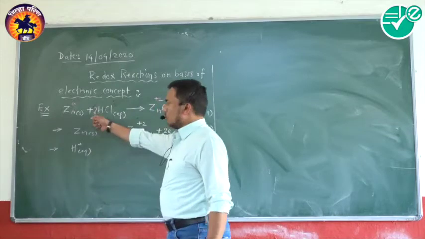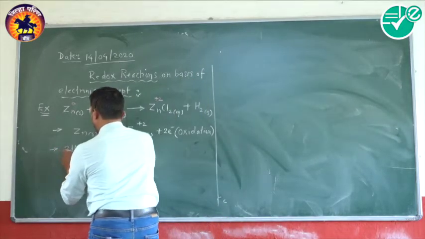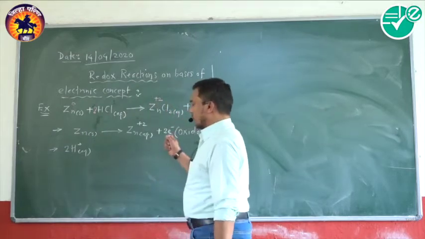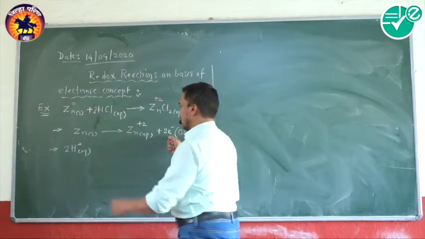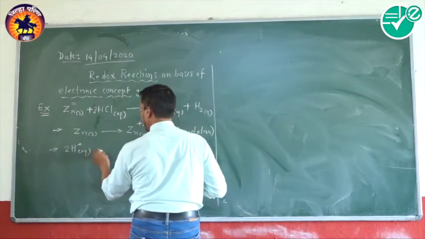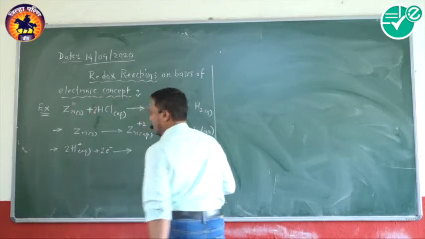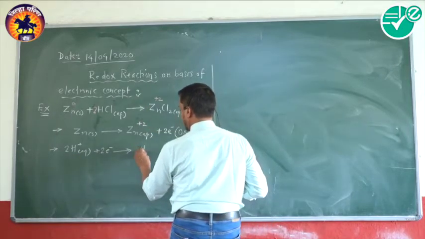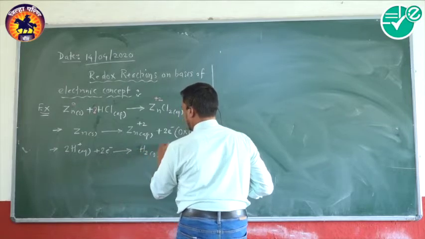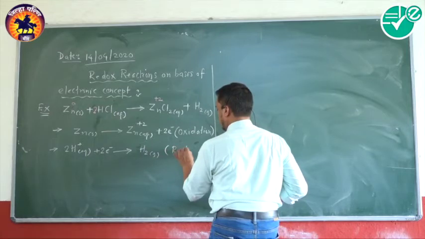So here there are two hydrogen ions. These two hydrogen ions accept the 2 electrons which are given or lost by the zinc metal. So here we show 2 electrons accepted by H+ ion. Here is the formation of H2 gas. This reaction is called the reduction reaction.